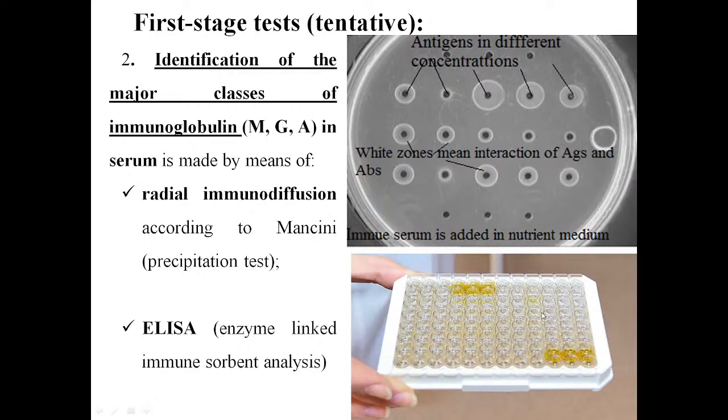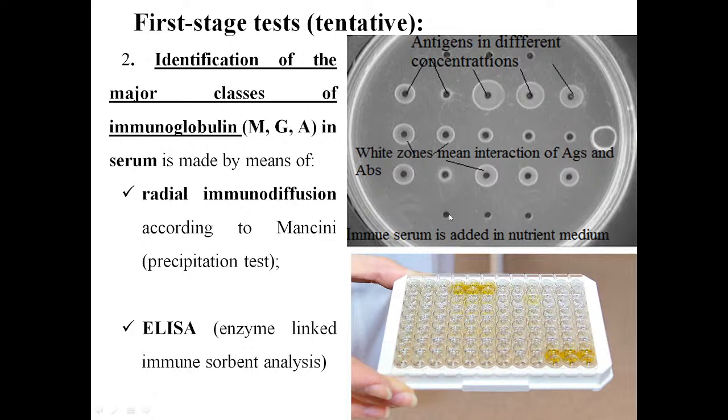Another first stage test is used for identification of major classes of immunoglobulins: M, G, A. How is it done? It is done by radial immunodiffusion. We will discuss mechanisms of serological tests in immunology in the next lecture. In this diagram you can see that immune serum of the patient with immunoglobulin is added in a nutrient medium.